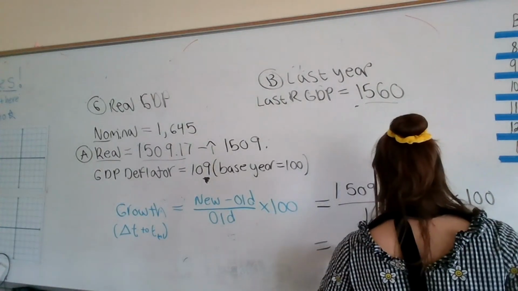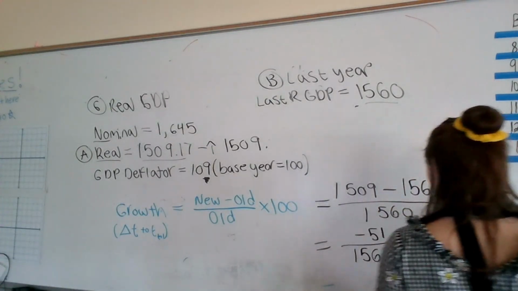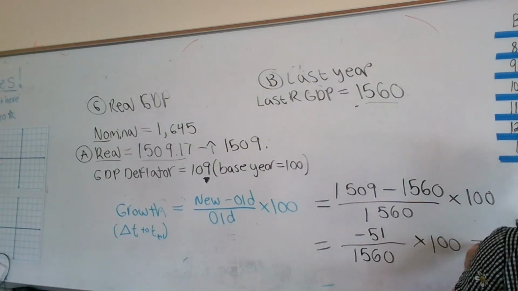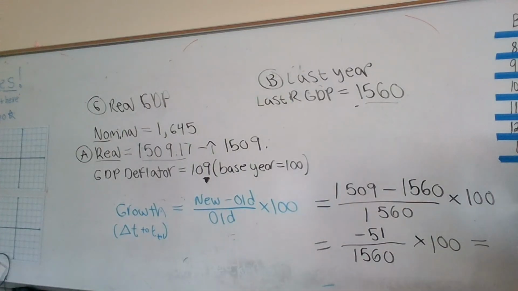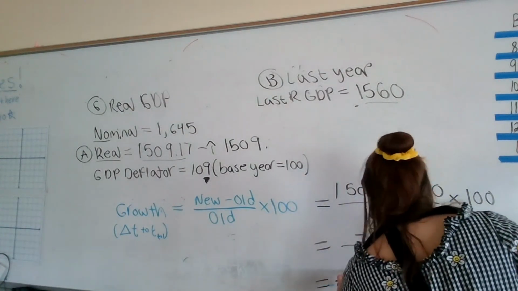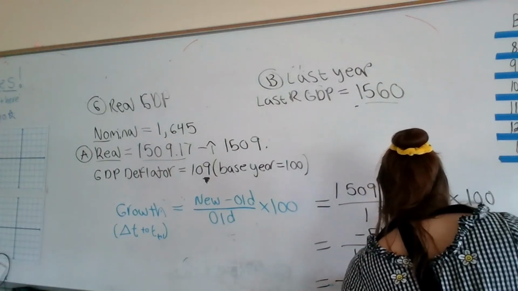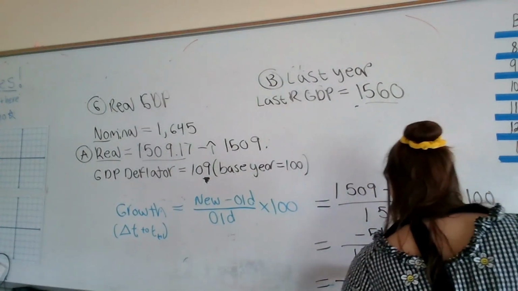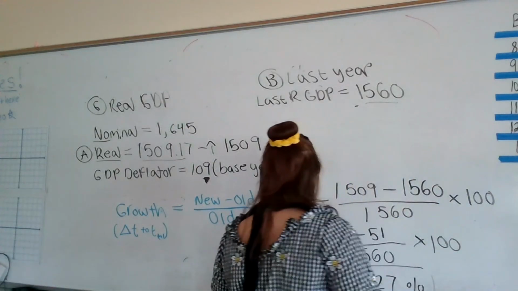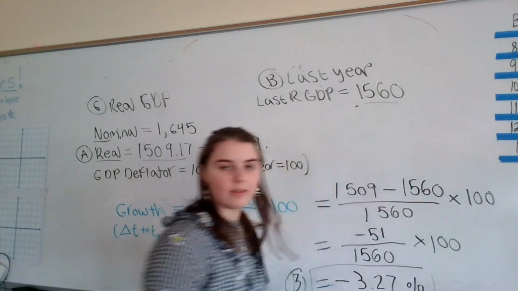And then divide by 1560, and then multiply that by 100, and that's going to give us a negative growth rate, right? Our growth rate is going to look like this. So that tells me it fell. And that's our answer to B. It fell.